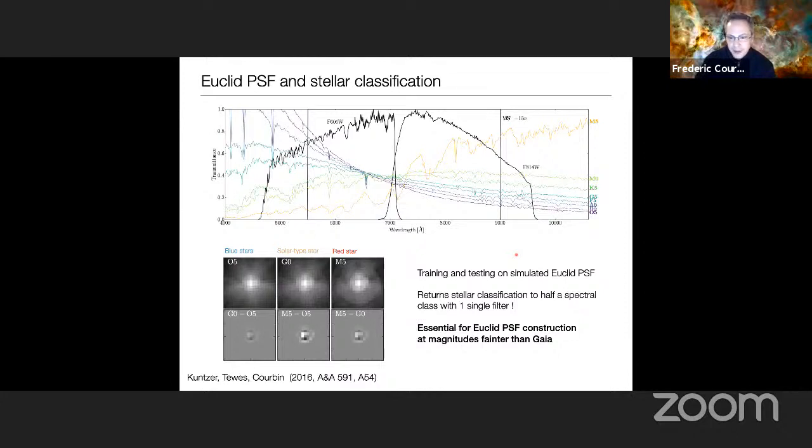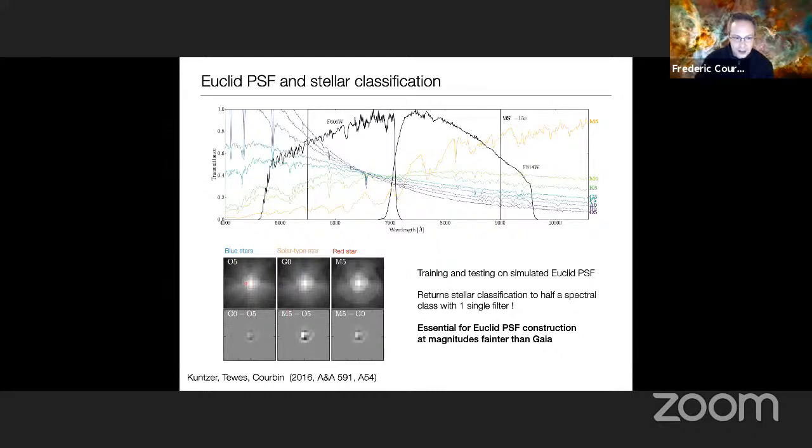Now, if you observe from space with one single filter, which will be the case of Euclid, for example, you don't have colors. You have one single broadband filter, which goes from here to here. And that's different stellar SEDs across the field. So the first thing you want to do to compute the PSF is to classify stars. Usually you do this with a color magnitude diagram, but you don't have colors. You have one single band.